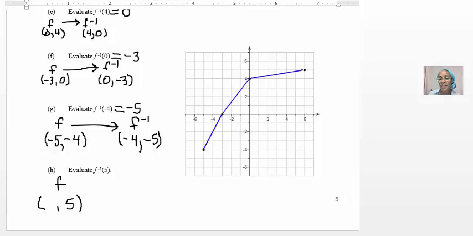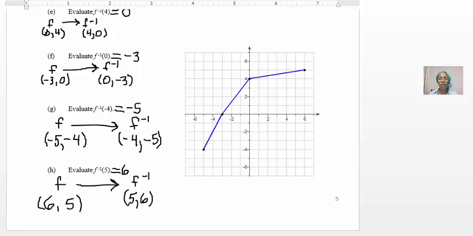I have to move to the right to get to the graph of f, and I see the x-coordinate of that point on f whose y is 5 is 6. So the mirror image of this point on f inverse is the point (5, 6). So f inverse of 5 is 6.